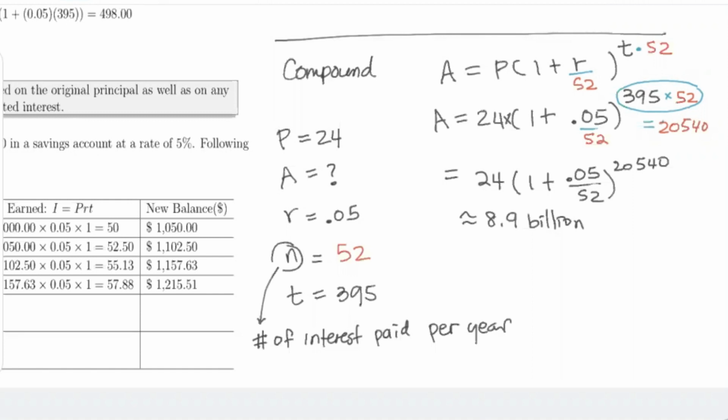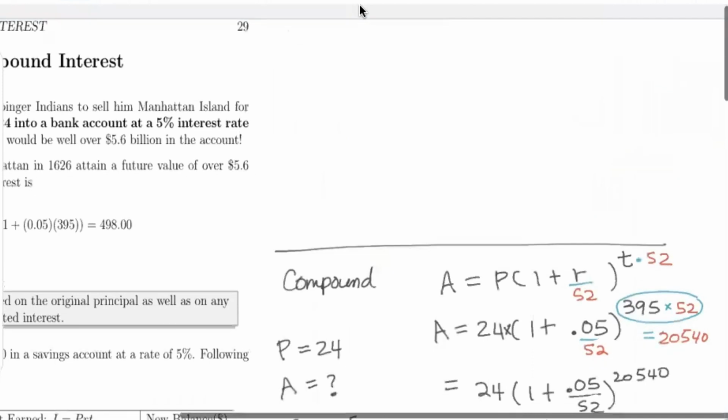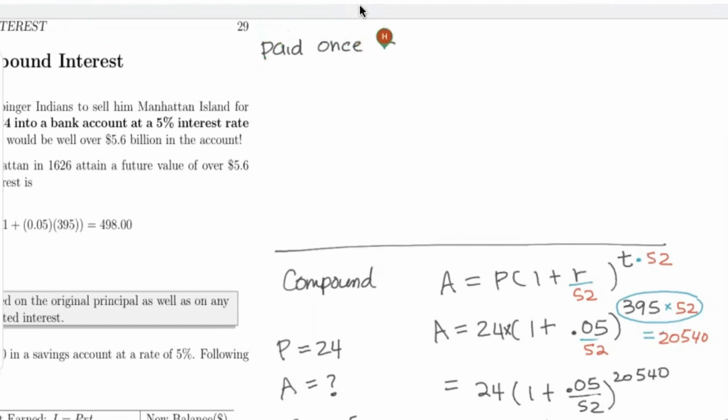As you see, if you get paid once a year, it was roughly $5.6 billion. If you get paid monthly, every month, it's roughly 8.7 billion.